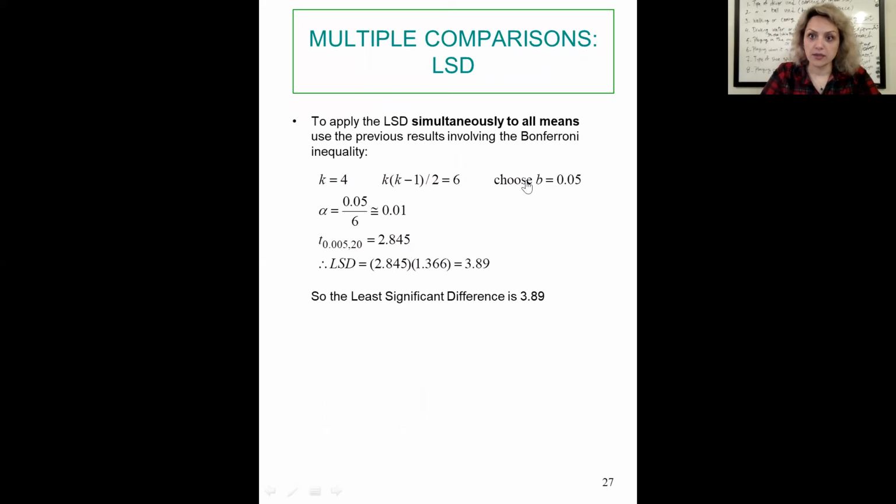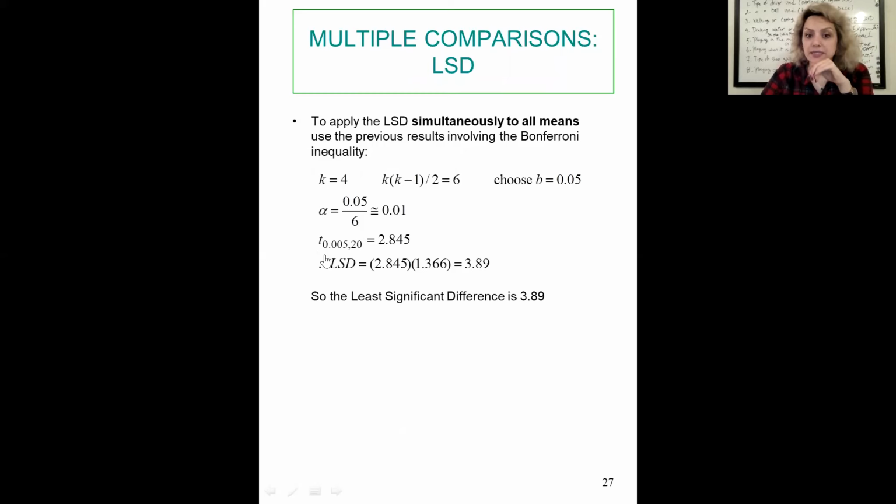To apply the LSD to all means, use the previous result involving the Bonferroni inequality. So k equals 4, and k times k minus 1 divided by 2 gives 6 combinations. We choose alpha equal to 0.05 as the target upper bound. So alpha is 0.05 divided by 6, about 1%.